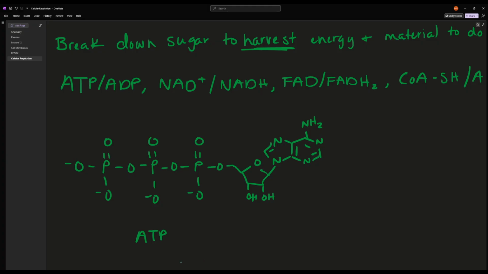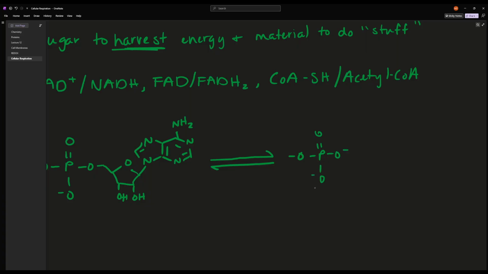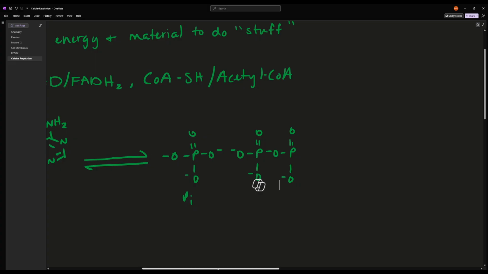All right, so ATP can be broken apart into ADP and an inorganic phosphate. So here's our inorganic phosphate. Here is our ADP. This is done through a hydrolysis reaction.